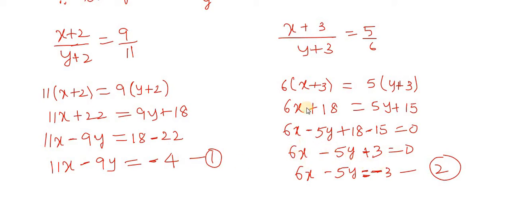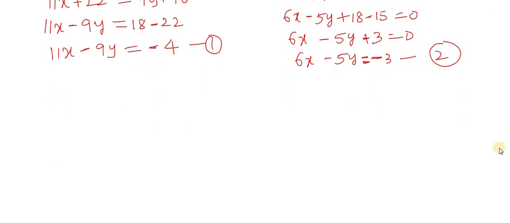So either from equation 1 or from equation 2 you should make one more equation, that is either x value or y value. So what we'll do, we'll take this 11x which equals 9y minus 4, and x equals 9y minus 4 divided by 11.